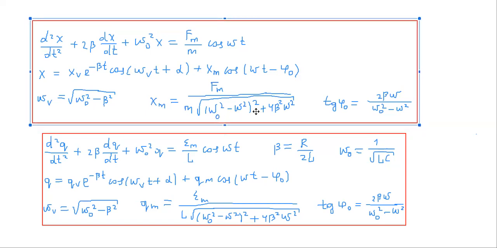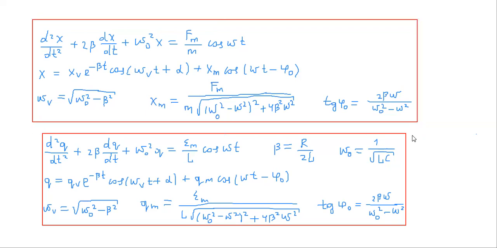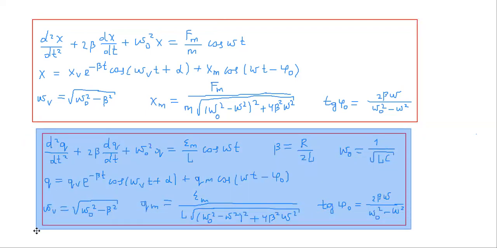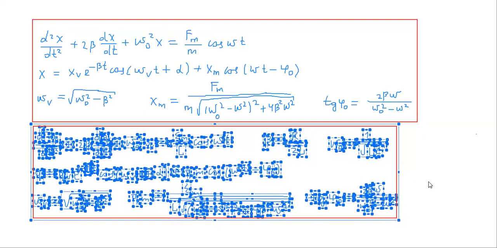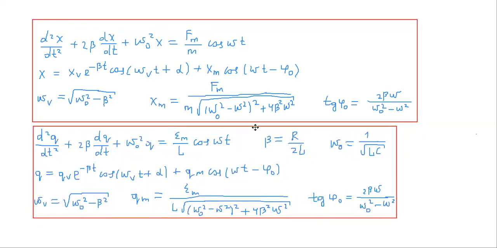What can we say about these solutions? Here we can see that the solution consists of two parts. This part, and respectively this part, is harmonic oscillations.